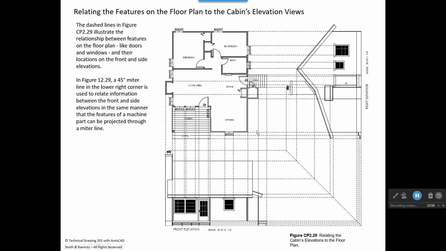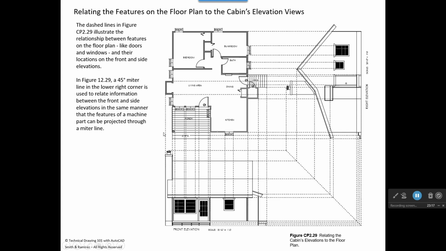So, one of the things we can do is relate the locations of windows, doors, and other features from our floor plan to our elevations. For example, we have a window over the kitchen sink, and we can project that straight down to the front elevation, and we'll see that's where that window would be. Here's our front door. We can project from the sides of the door, and that's where the sides of the door in the elevation would be.